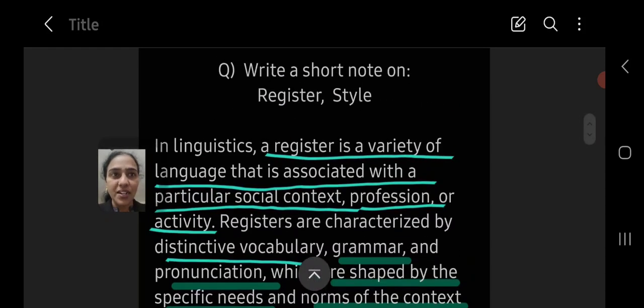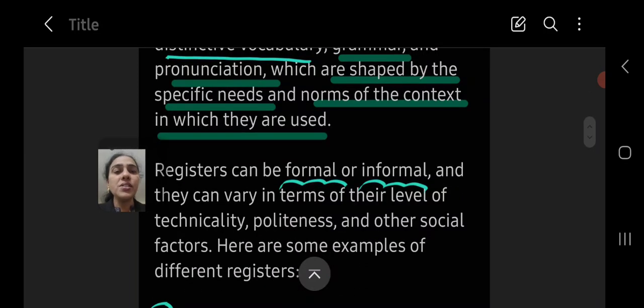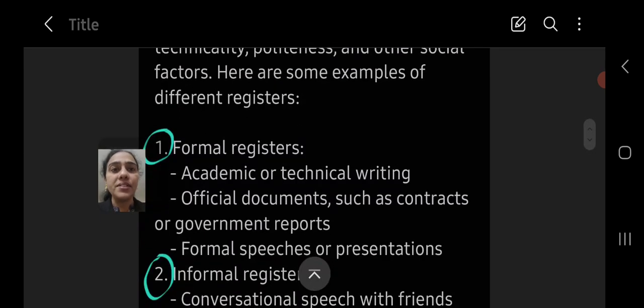Come on, you understood about the register, basically, the definition. Now, registers are importantly two types, the formal and the informal. They can vary in terms of their level of technicality, the politeness, and the other social factors. Let us see what a formal register is.